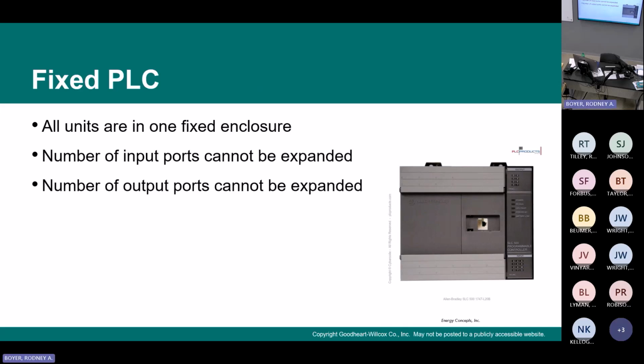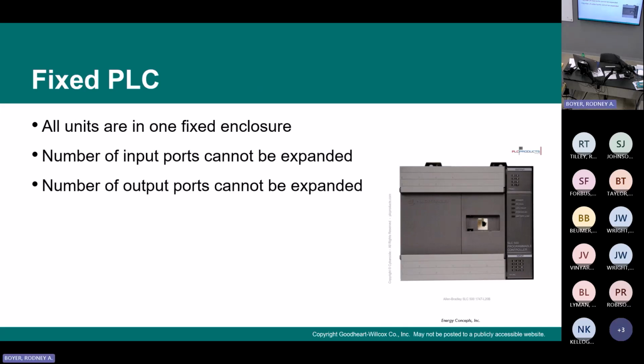Okay, so fixed PLC, all units are in one fixed enclosure. Number of input ports and output ports cannot be expanded. So we do not have any fixed controllers in the room.